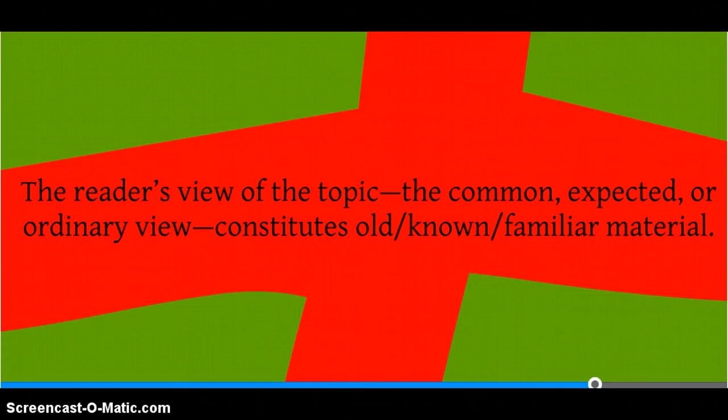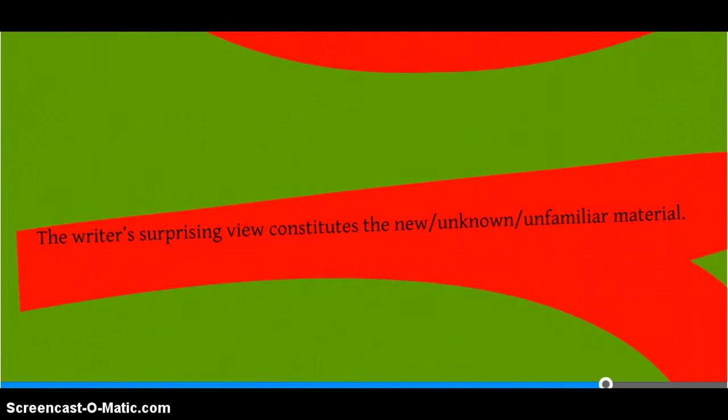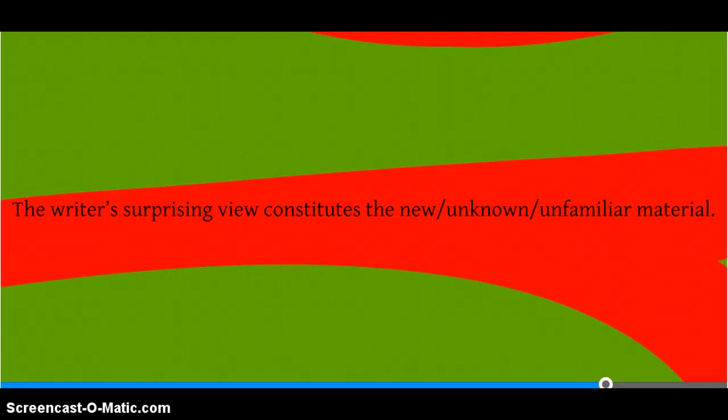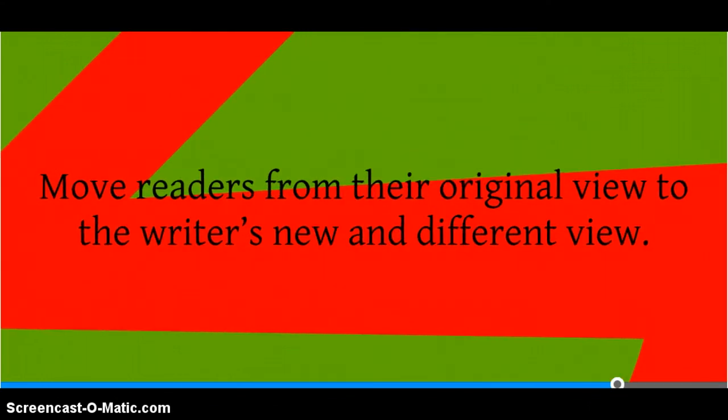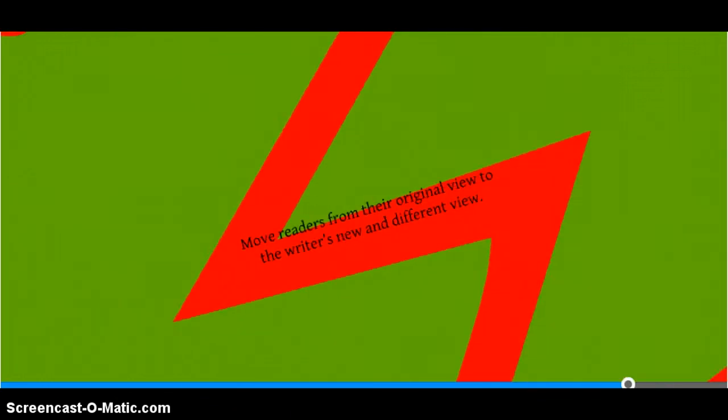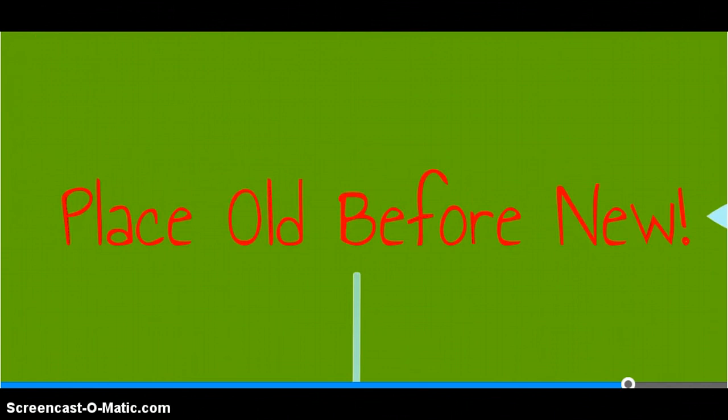An argument's frame derives from the writer's purpose to change some aspect of the reader's view of the topic, the common, expected, or ordinary view, which constitutes the old, known, familiar material. On the other hand, the writer's surprising new view constitutes the new, unknown, unfamiliar material. So as a writer, you want to move readers from their original view to your new and different view.